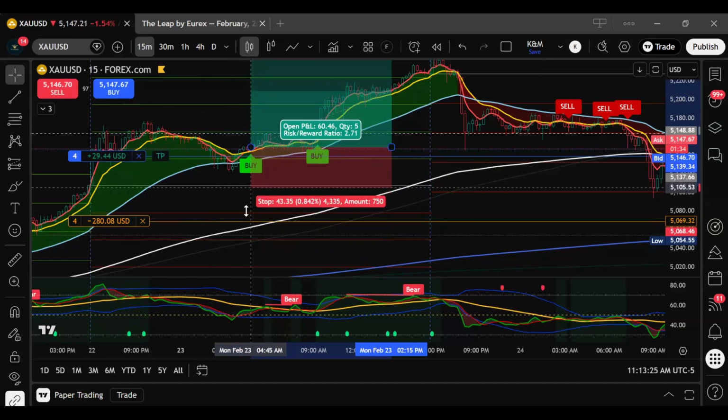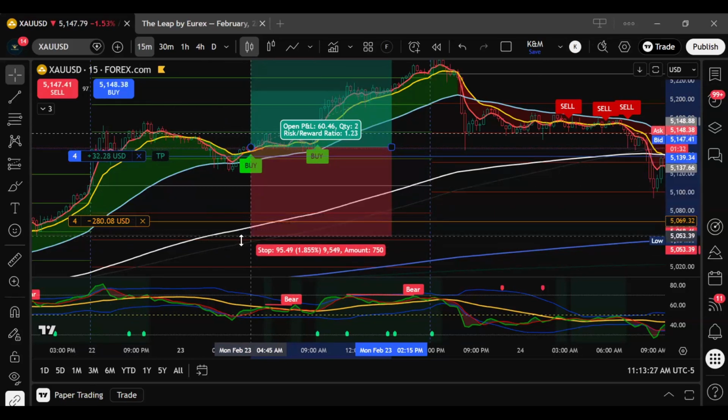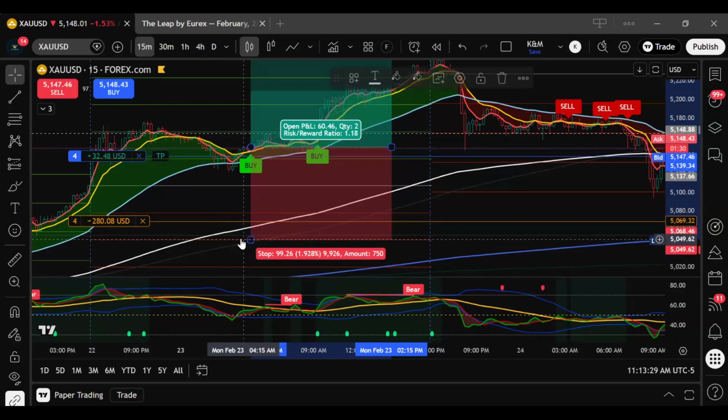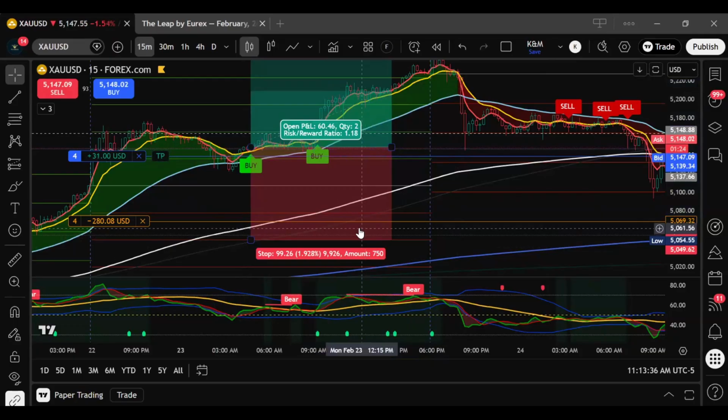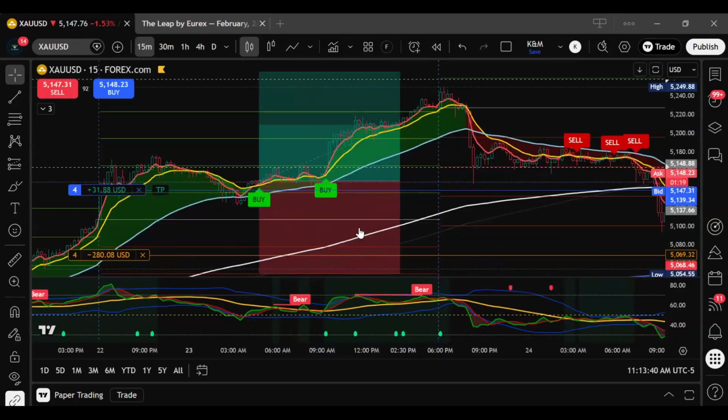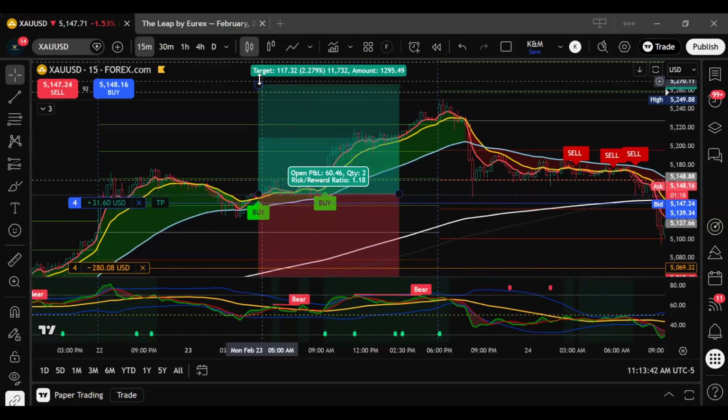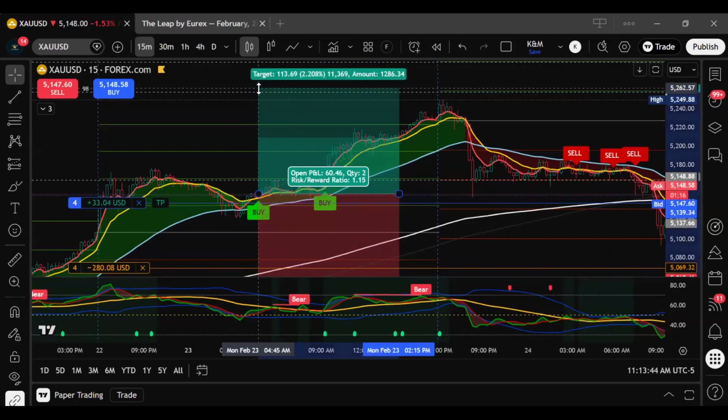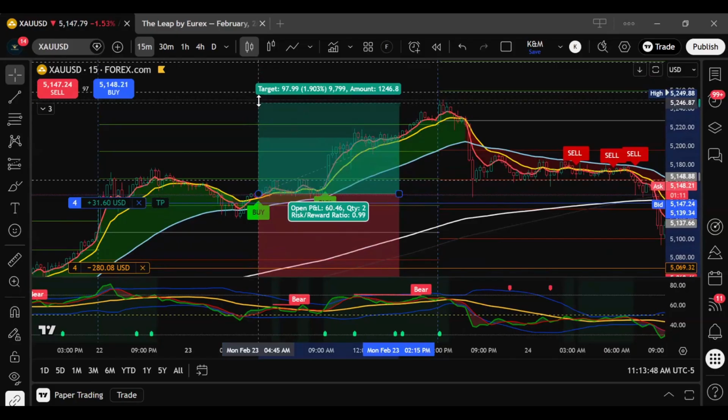But I'm gonna do worst case scenario and go to this red line. It's below the water and below the mayo and below the low of the day. So it's clear everything. So now my risk to reward is at a 1.18. That's pretty much a one. I'll find that one.